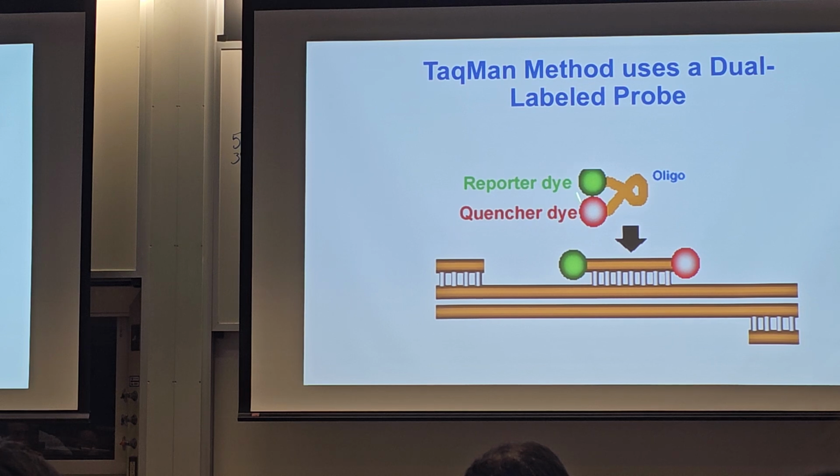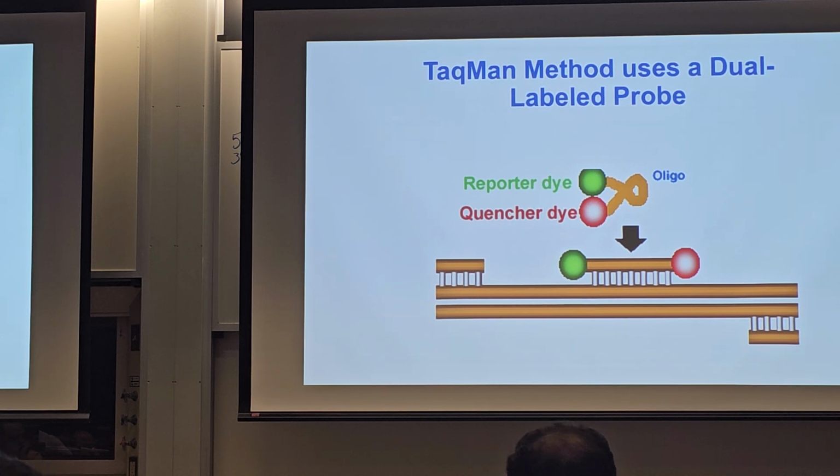Now, when the two are together, they're floating around in solution. The quencher is keeping the reporter from putting out a signal. And the physical chemistry here is known as FRET, fluorescent resonance energy transfer.